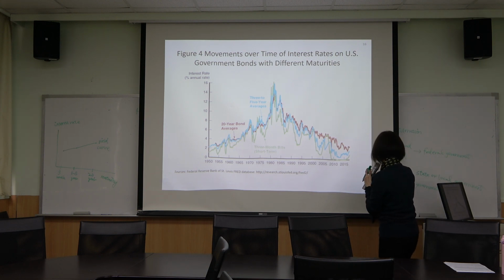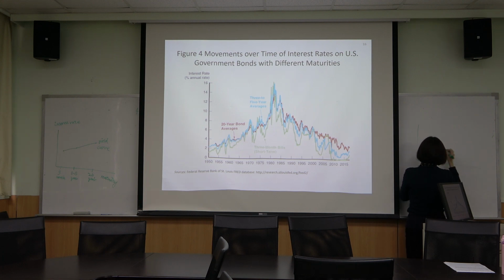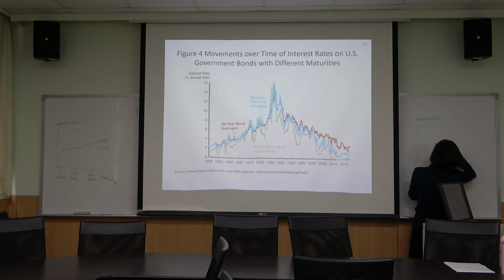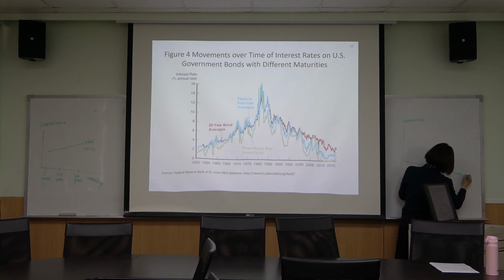So around the 1980s, the yield curve looks different. The vertical axis represents the interest rate. Horizontal is maturity date.